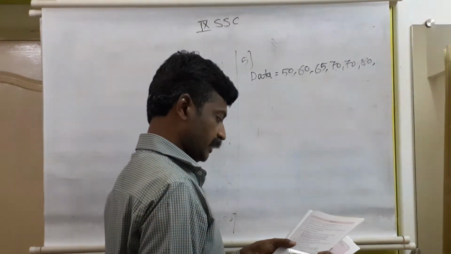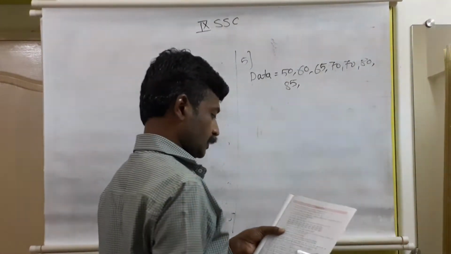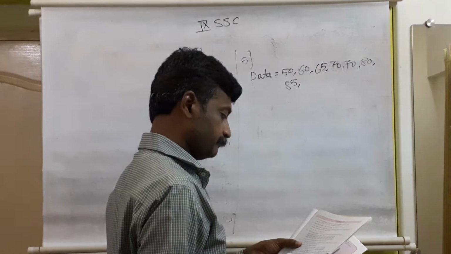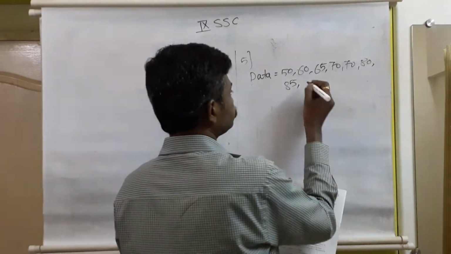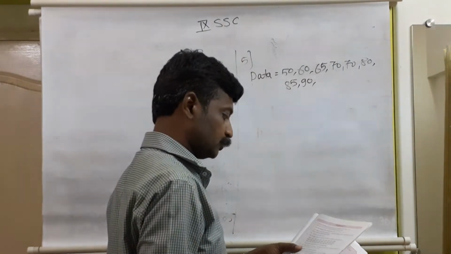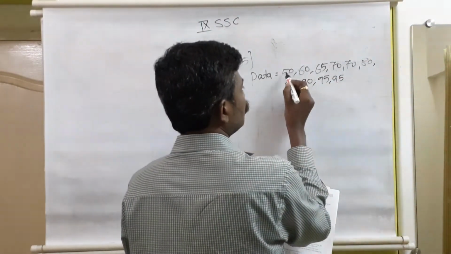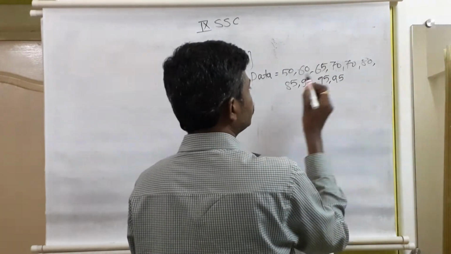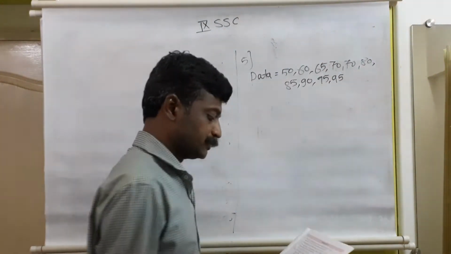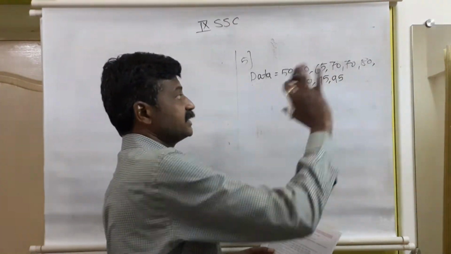After 80, 85. After 85, 90 is there. After 90, 95. 95 is twice. 1, 2, I think it is covered. 1, 2, 3, 4, 5, 6, 7, 8, 9, 10. So this is nothing but the weights of 10 tomatoes in ascending order.